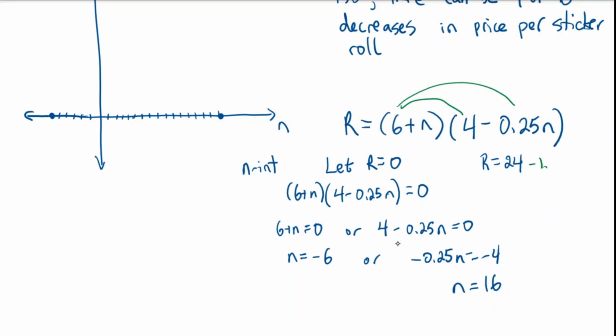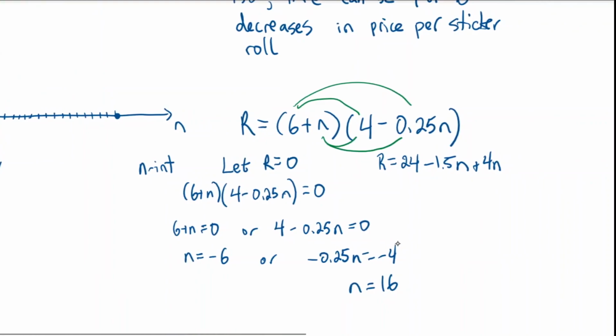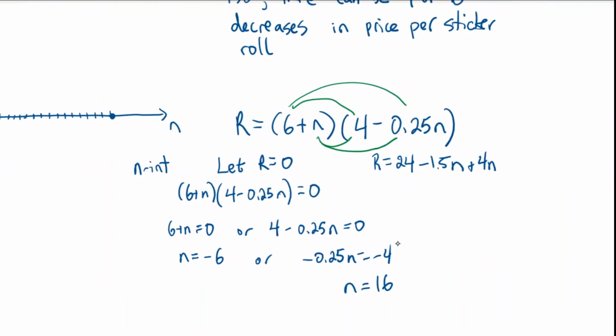So it's going to be negative 1.5n, and then we have plus 4n, because we go n times 4, and then n times negative 0.25. So we have negative 0.25 n squared. That's where you see that our quadratic is going to be concave down like this, because there is a negative in front of the n squared term.